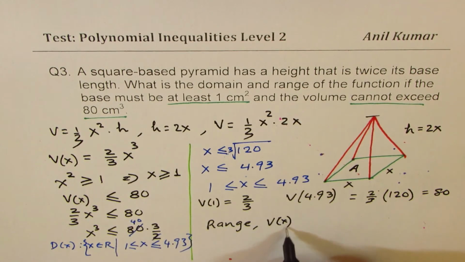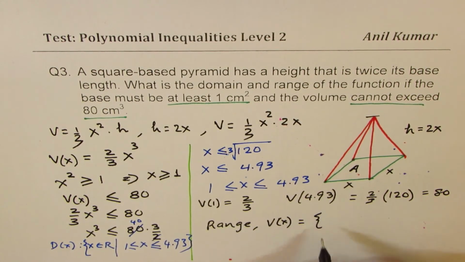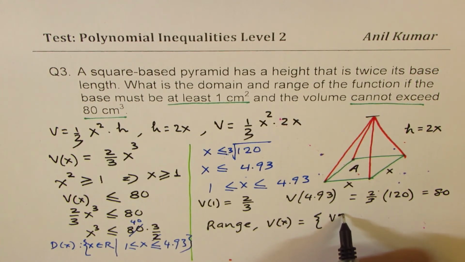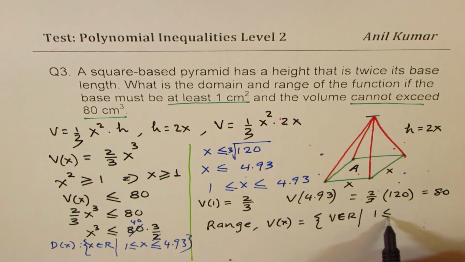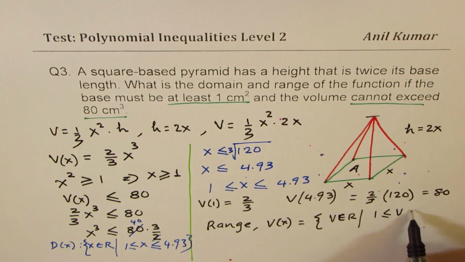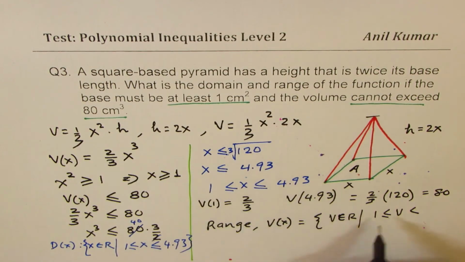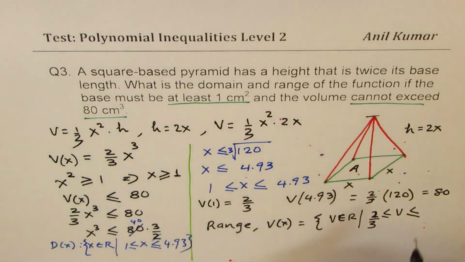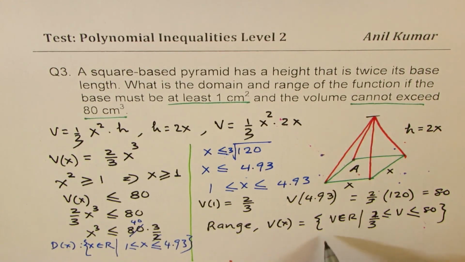So as a function of x, we can say volume is all real numbers where volume is greater than or equal to 2 over 3 and less than or equal to 80, which is given to us. If you calculate back, you'll get the same value. Perfect. So that is how you're going to answer this question.